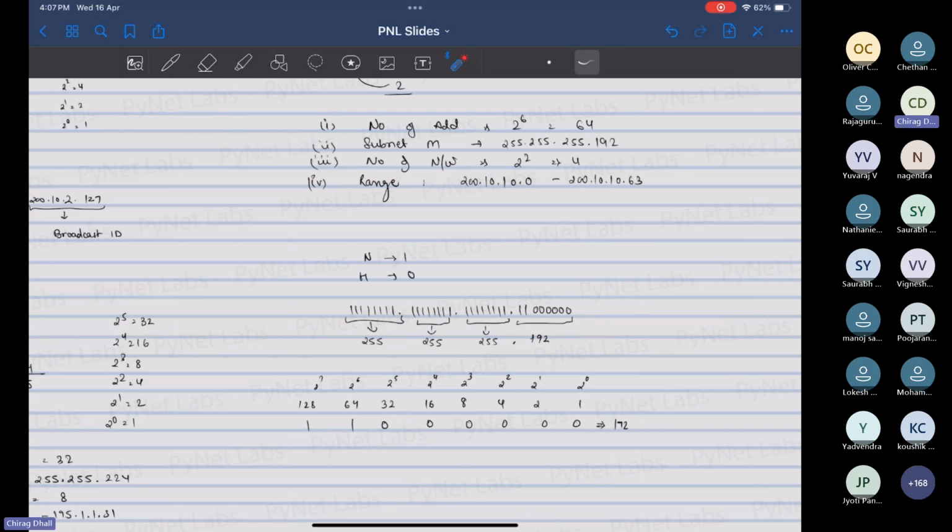Okay, now if I ask you, are you guys ready to calculate any subnetting question related to Class C networks? Do you find yourself prepared for Class C?